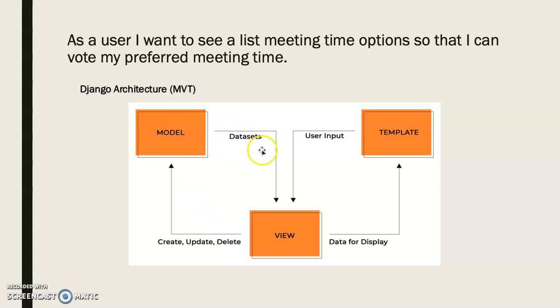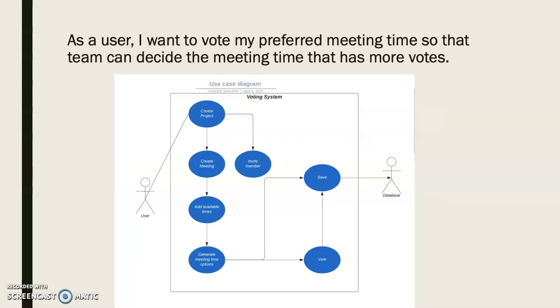It updates the database through the model, and also updates the template. And as a user, I want to vote for my preferred meeting time so that the team can decide on the meeting time that has more votes.